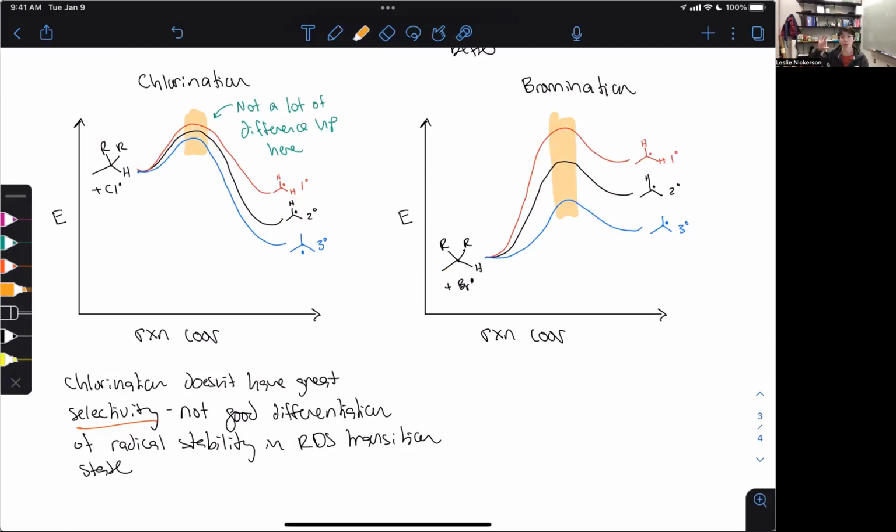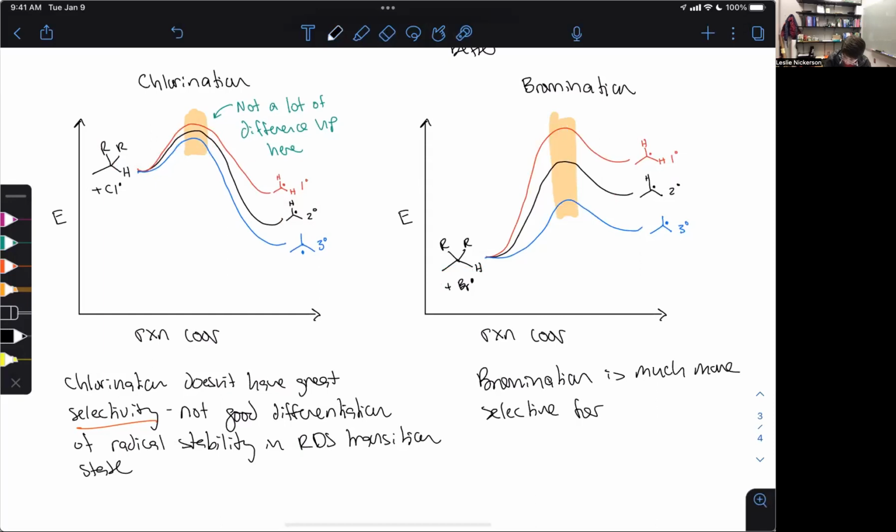Okay, we have a much bigger difference between the energy of activation of these different options. So our bromination is much more selective for the more stable radical.